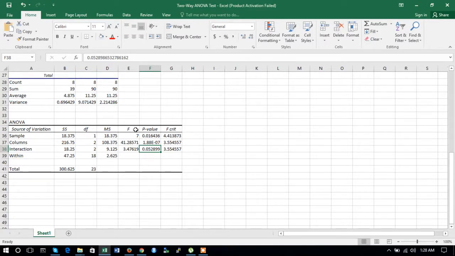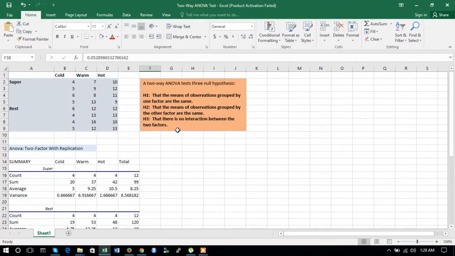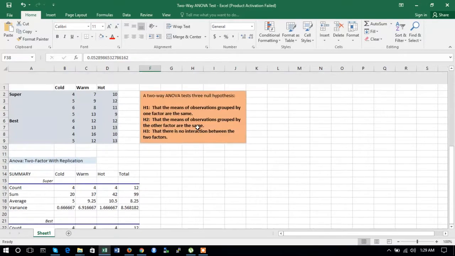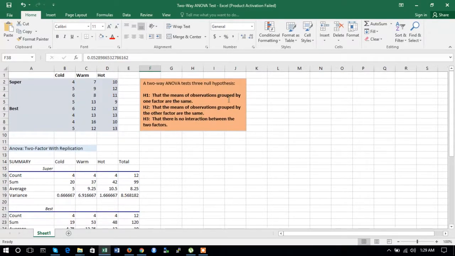So now we will be considering the value of the F statistic and the F critical value to accept or reject the null hypotheses that we have defined here. For the first case, the sample source of variation, we can see that the F value is quite greater than the F critical value, and the P value is quite less than the alpha value. So we will have to reject the null hypothesis that the means of the observations grouped by one factor are the same.